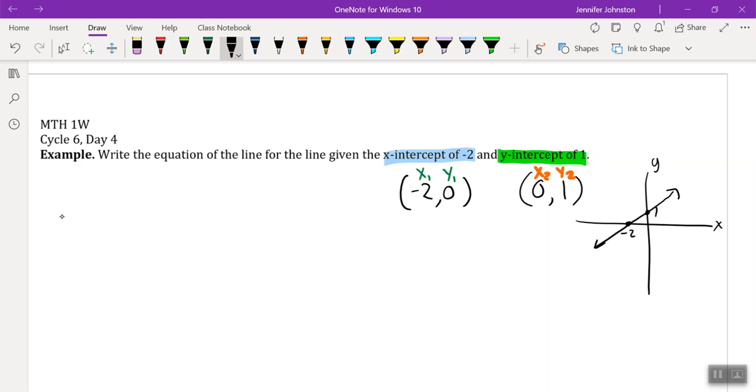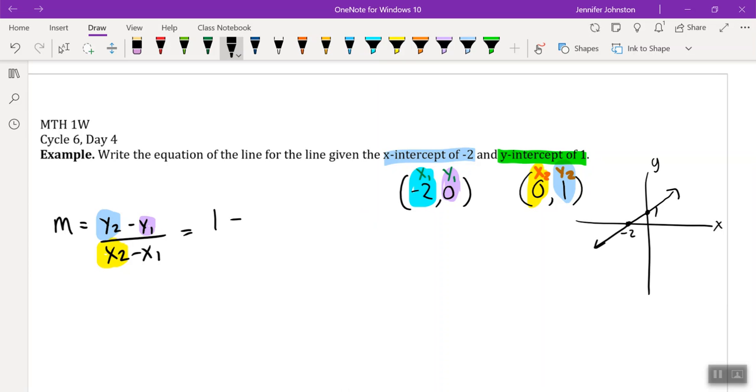All right, so again, step 1, we're going to write down our slope formula. Y2 minus y1 over x2 minus x1. Our y2 minus y1 is always the change in the y's over the change in the x's. So it's your second point minus your first.